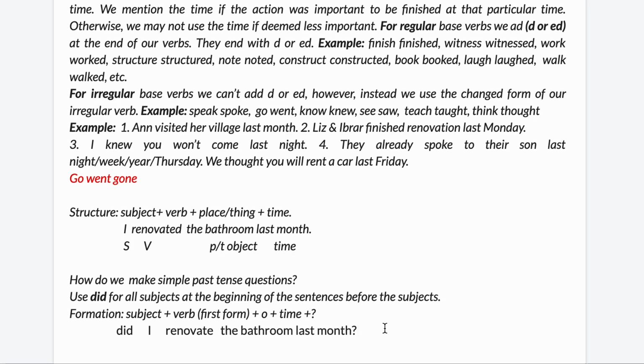If you want to make a simple past question, we have to use the first form of the verb. You see here we say renovated, but here we use renovate. Why? Because we have used did at the beginning. Let's say another example. They already spoke to their son last night.